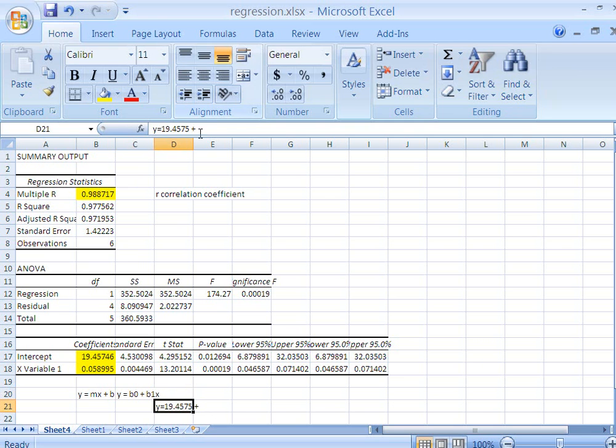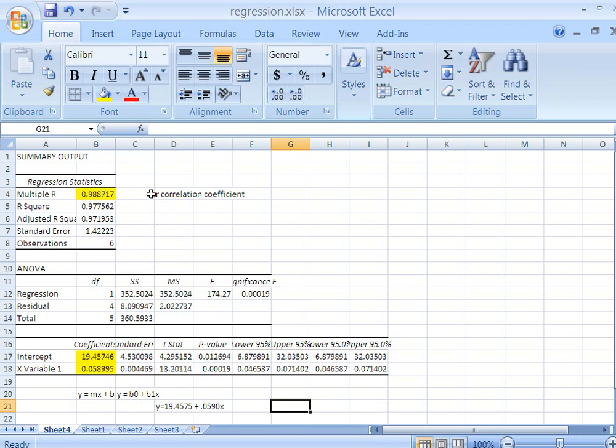So I would answer 19.4575 plus 0.0590, when I go to 4 decimal places, and then I put an x next to that. Okay, so your answer should always be in the form of an equation of a line, which would be y equals some constant, which you'll find in your intercept box, plus the slope, which you'll find next to X variable 1, times x.